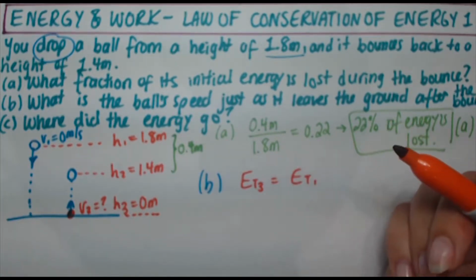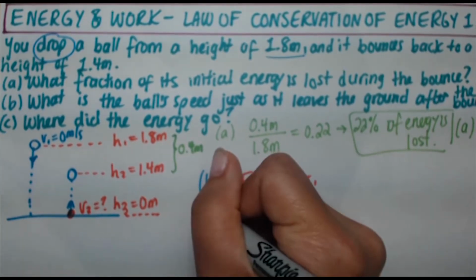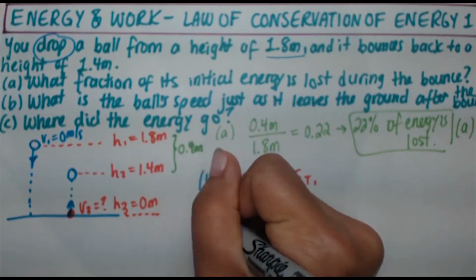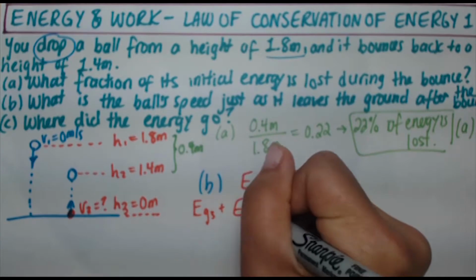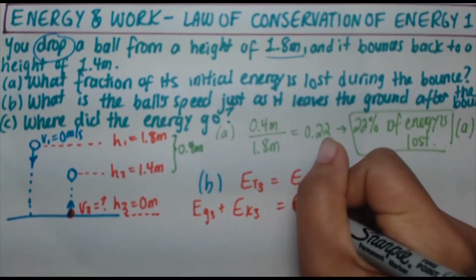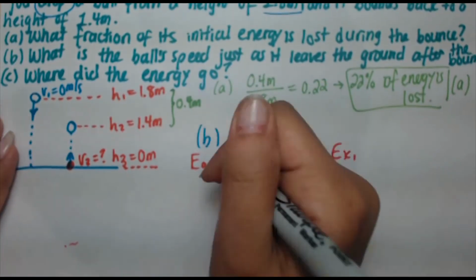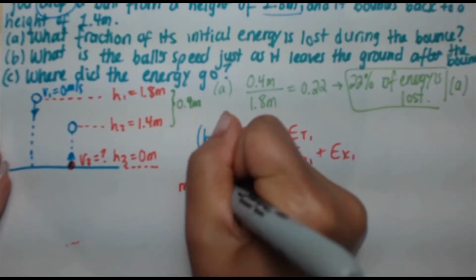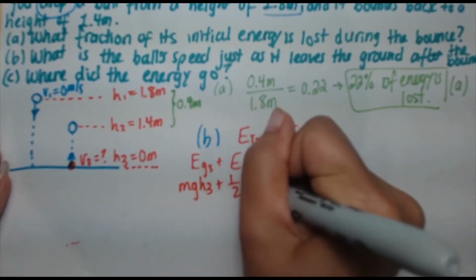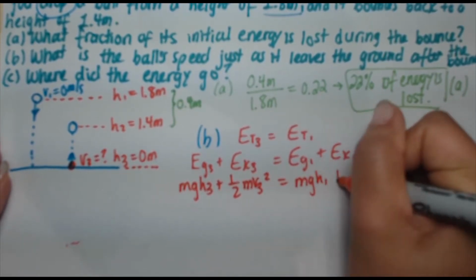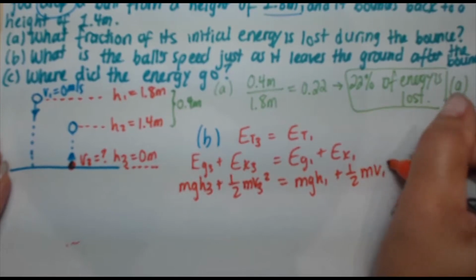Just like in the previous problems, we're dealing with kinetic and gravitational potential. So we're going to do EG3 plus EK3 equals EG1 plus EK1. Write the expressions down. So mgh3 plus 1 half mv3 squared equals mgh1 plus 1 half mv1 squared.